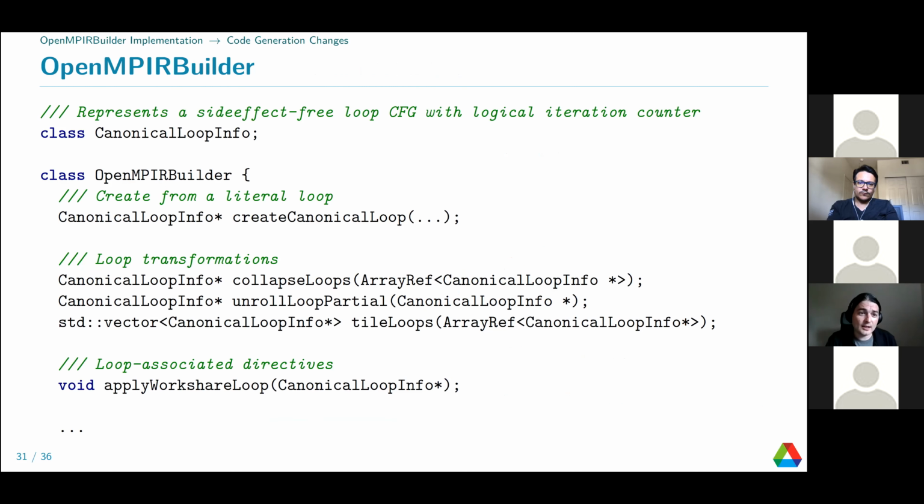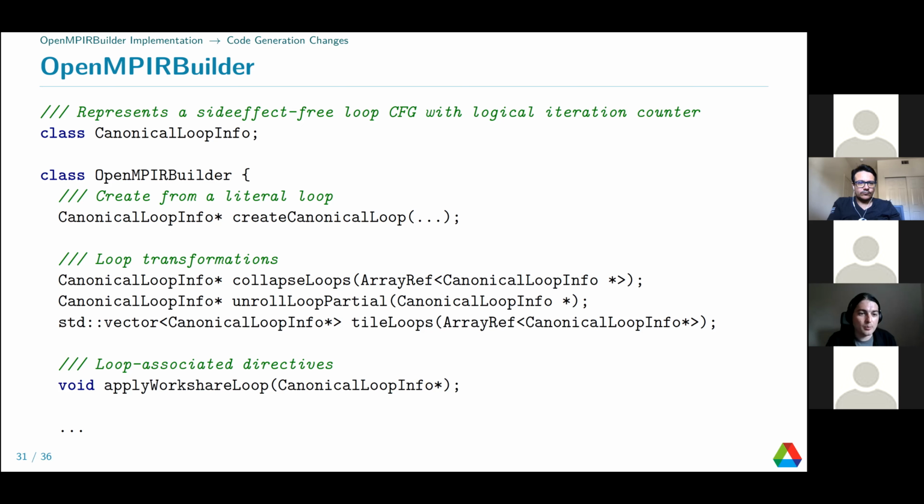We augment the OpenMPIRBuilder, first with a class for representing such loops, which have to be side effect free and represent a logical iteration, having a logical iteration counter or induction variable.